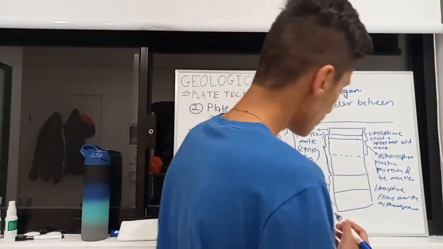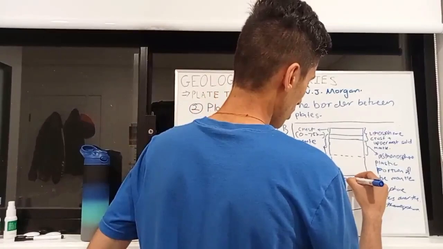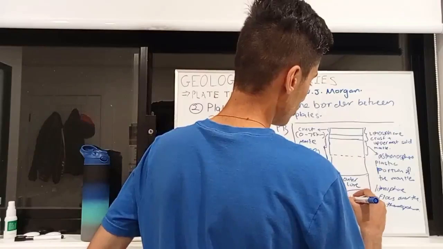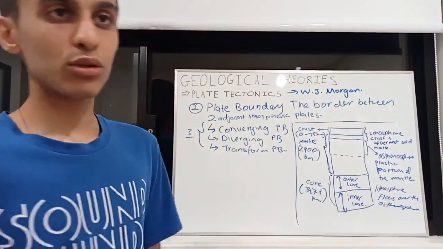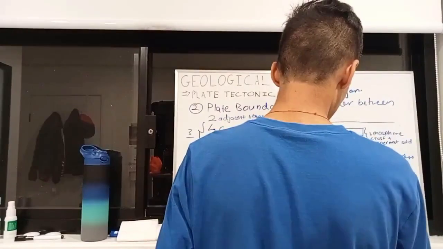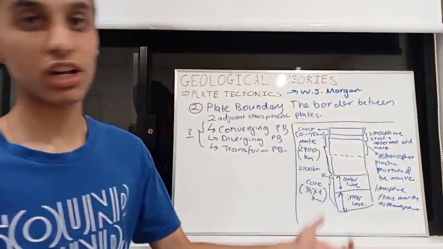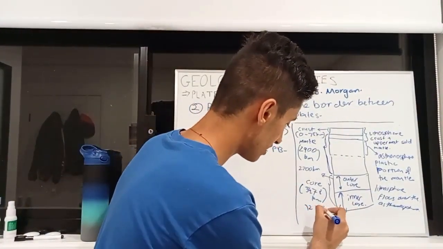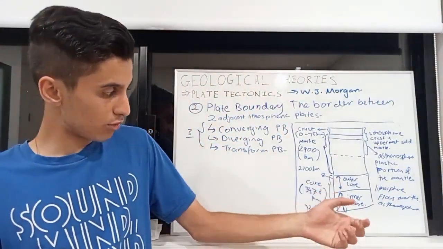And then for the core, the core can be divided into two: the outer core and the inner core. The outer core is 2,200 kilometers thick, and your inner core is 1,278 kilometers thick.